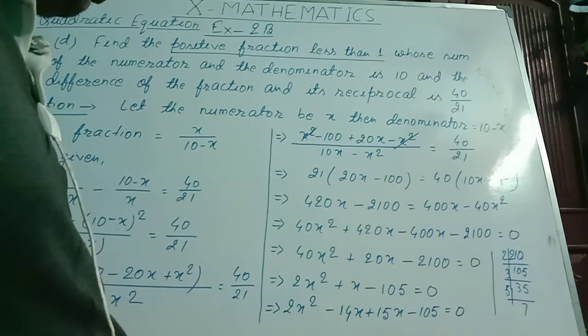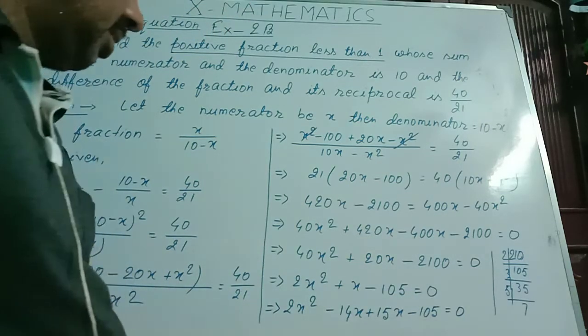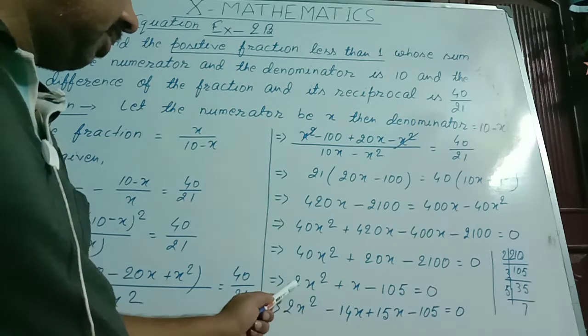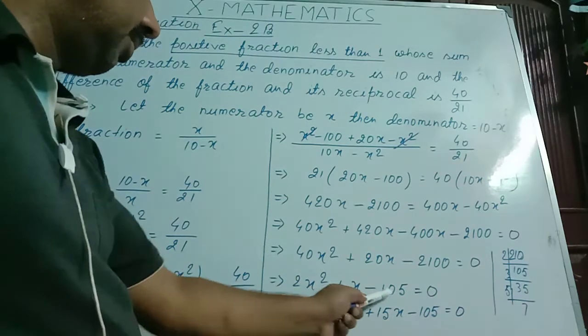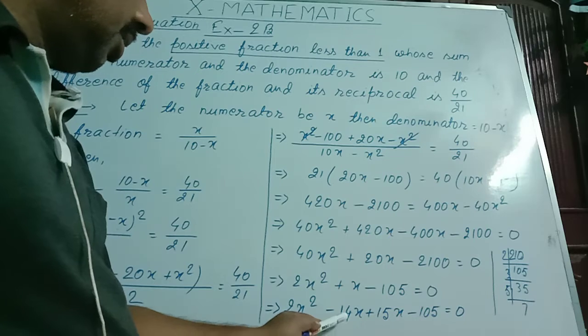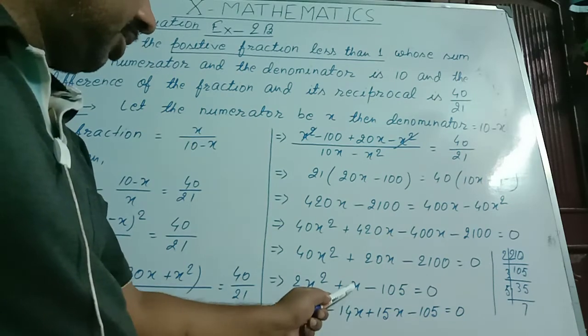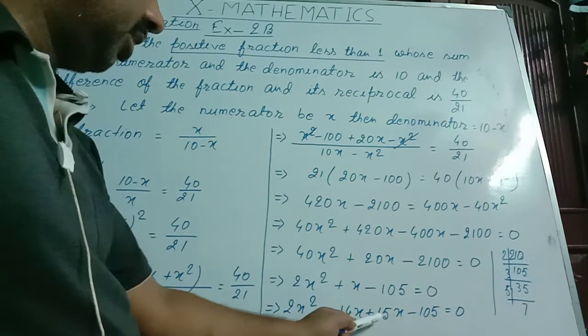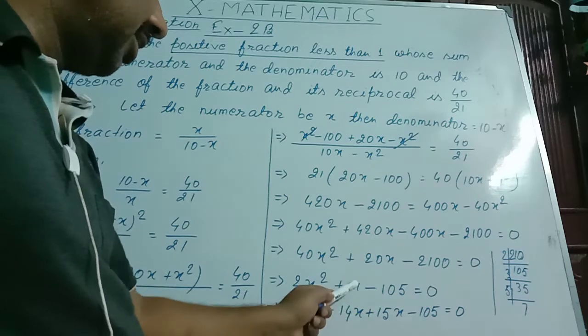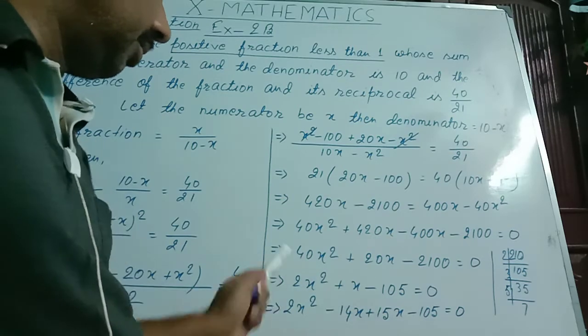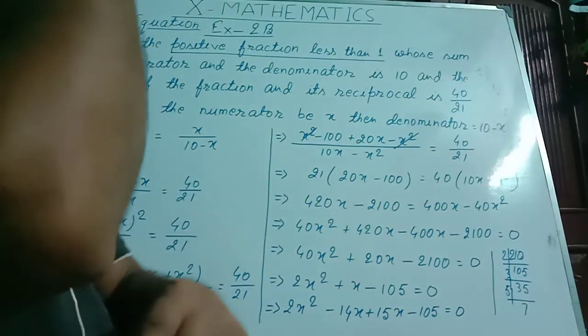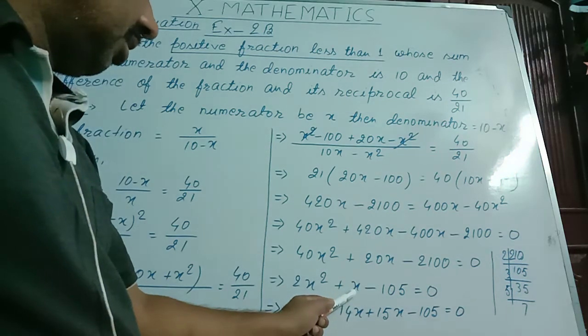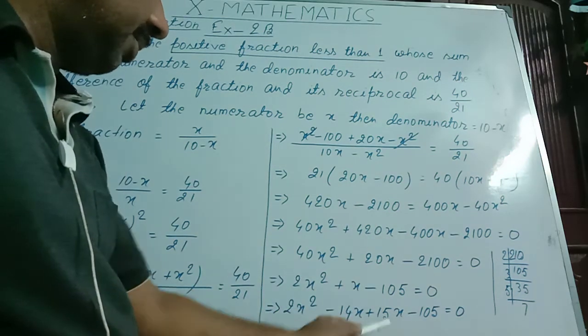Now we will follow the process of factorization. The middle term will be split. The multiplication of these two constant terms became 210. So if we split it in the form of minus 14x plus 15x, we are getting x, and 14 into 15 equals 210. So the splitting of the middle term became minus 14x plus 15x.